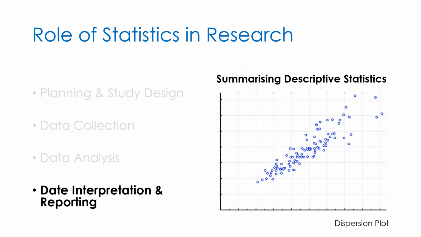For instance, if you have, let's say, the age of the patients, and you've put a dispersion plot, it gives you an idea where most of the patients are clustering, around which age.